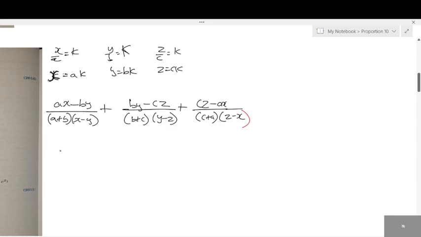Substitute all the values of x. What do you get? A k. Write it directly.